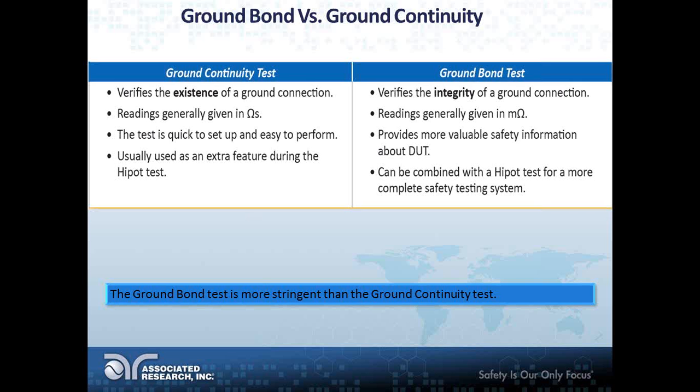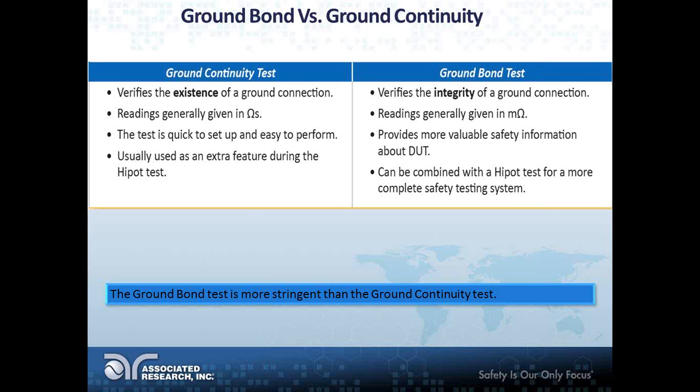The bond test, similar concept, but instead of just verifying the existence of a ground connection, it verifies the integrity of the ground circuit because you're loading it down. As a result of you loading it down, not only are you saying, hey, this path exists, but it can handle this fault current too, which in my mind is why it's a much better test, because it's a much more stringent test than a ground continuity test.